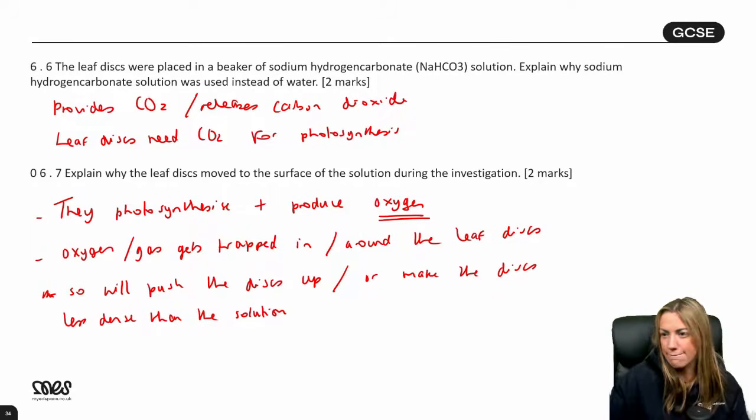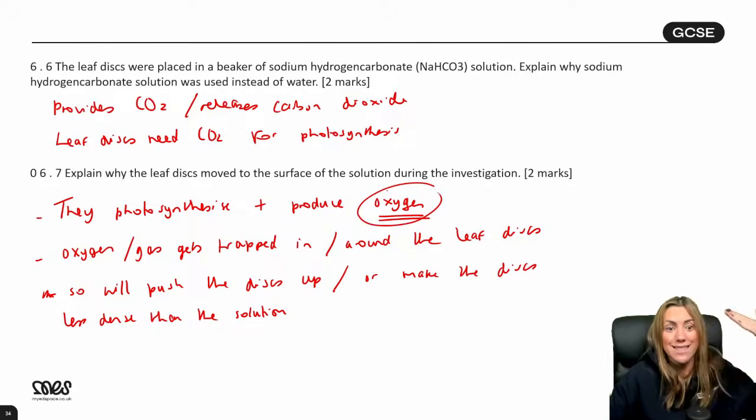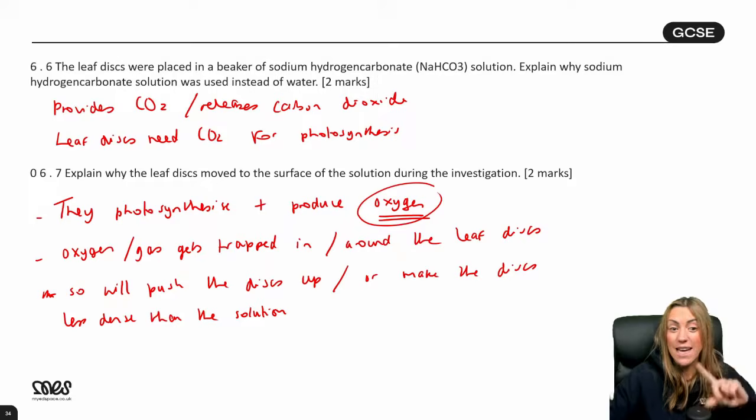That's why they're floating to the surface. And think about this, the faster they photosynthesize, the more oxygen they produce, the faster they will therefore float to the surface. That's why we're recording the time taken for the discs to float to the surface, right? Because that can indicate the rate of photosynthesis.